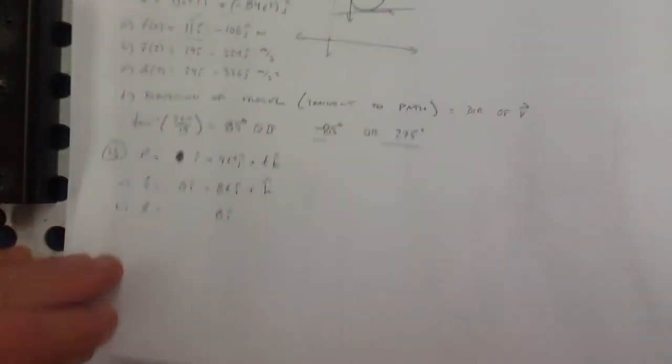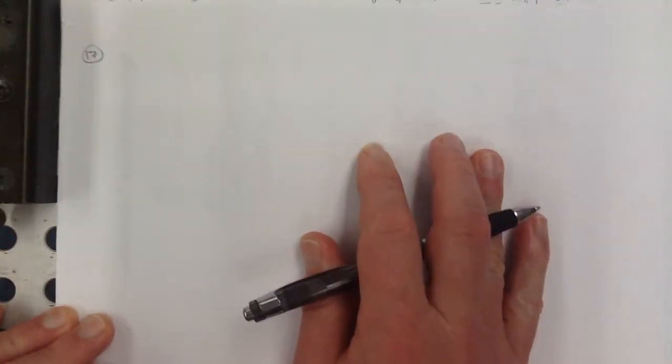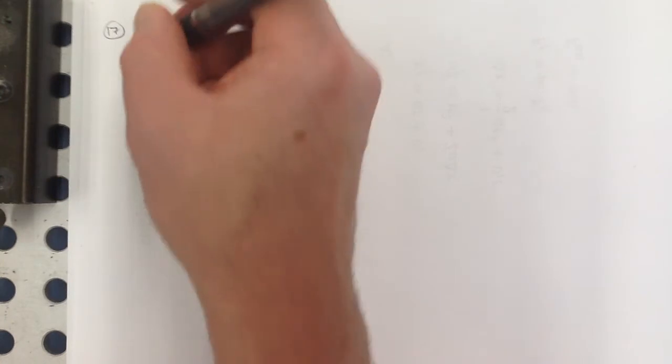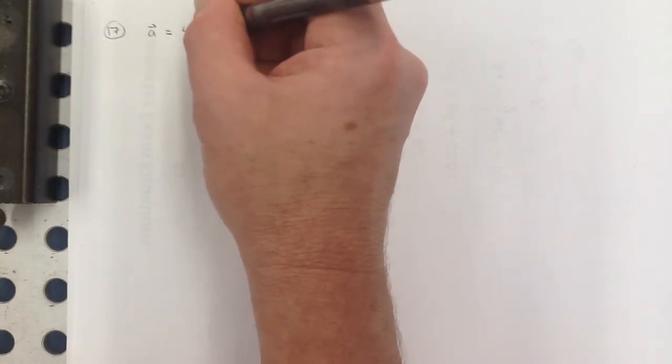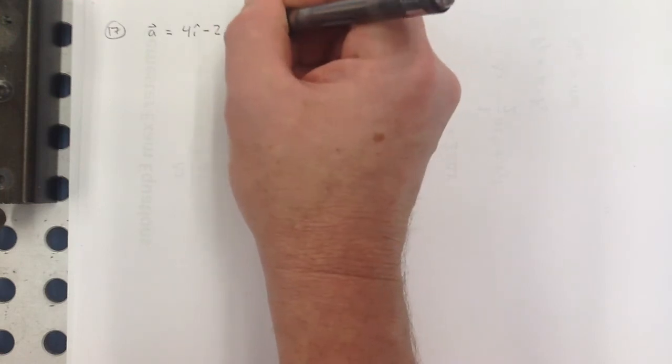Number 17. A cart's propelled over an XY plane with an acceleration with components 4 and -2. It has a constant acceleration because both of those components are constant: 4i minus 2j meters per second squared.